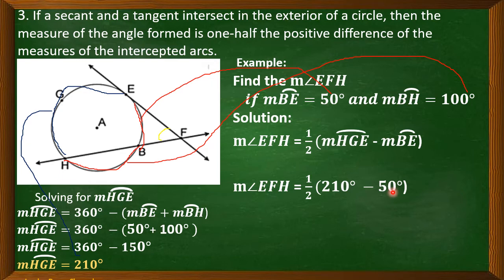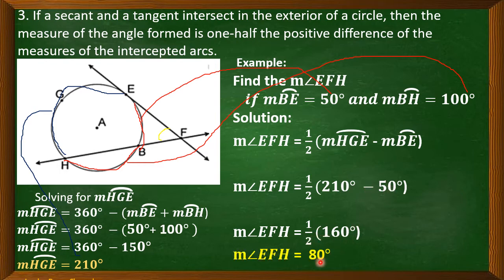So just substitute. So we have now 1/2 of 210 minus 50, which is 160. And 1/2 of 160 is 80 degrees. Therefore, the measurement of this angle is equal to 80 degrees. Measure angle EFH.